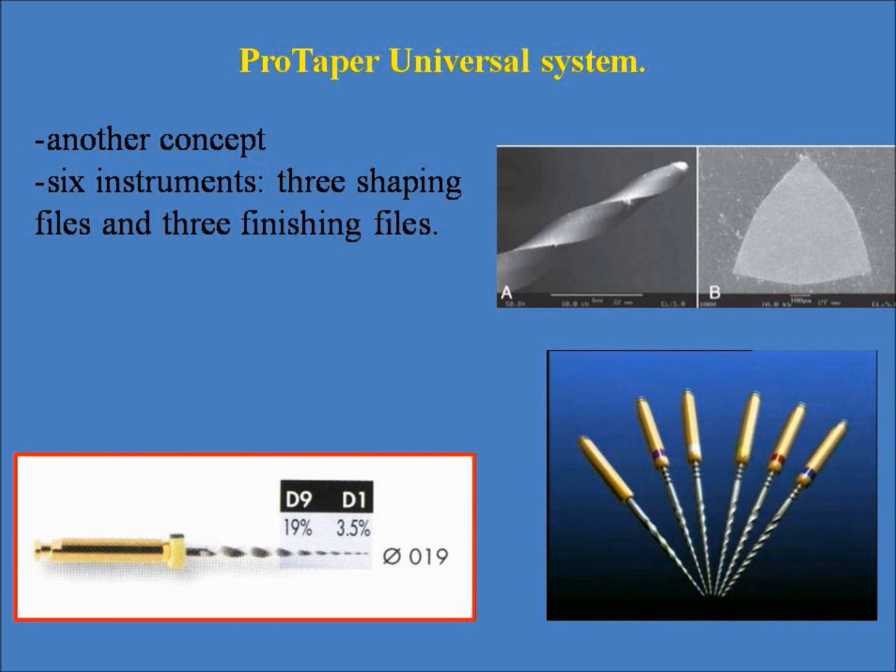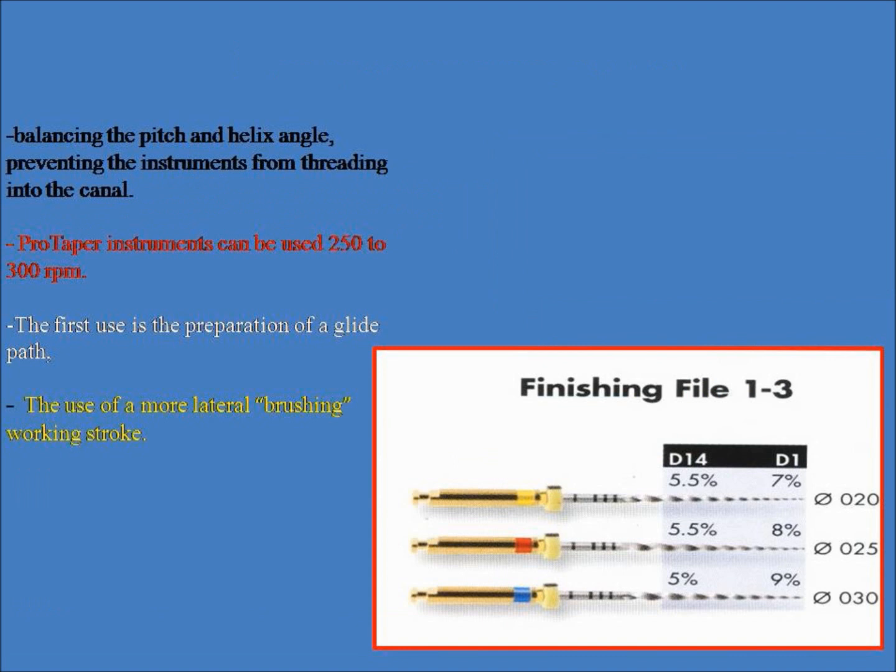1.1 mm respectively. The finishing files F1 to F5 have a tip diameter of 0.2, 0.25, 0.3, 0.4, and 0.5 respectively between D0 and D3, and the apical tapers are 0.07, 0.08, 0.09, 0.05, and 0.04 respectively.